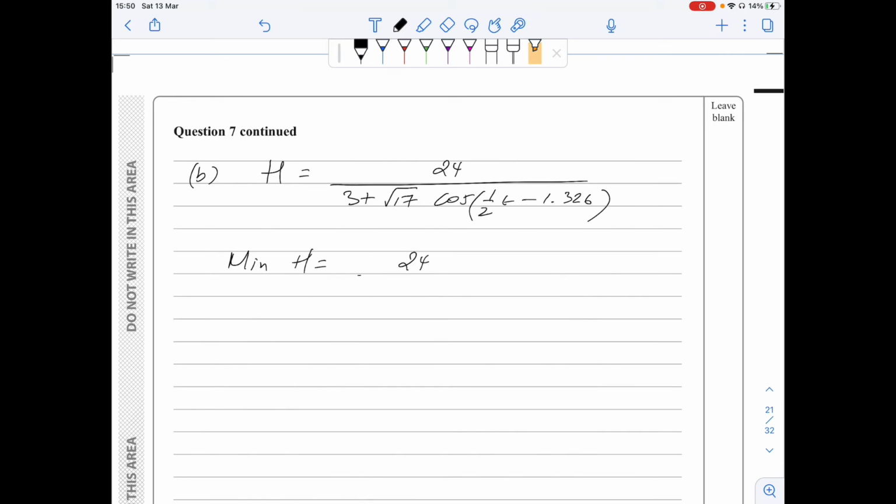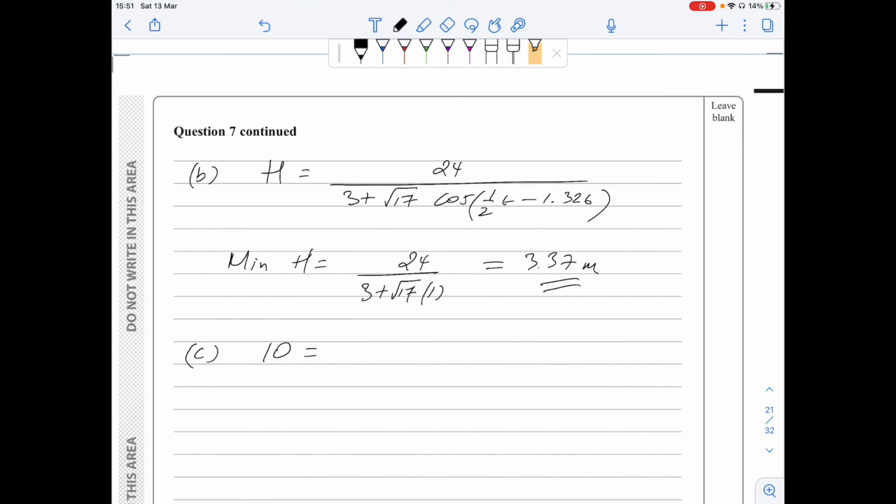So that's 24 over 3 plus square root of 17 times 1, because cos takes values between minus 1 and 1. This comes out to be 3.37 meters.